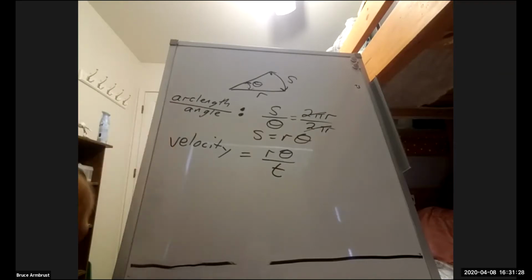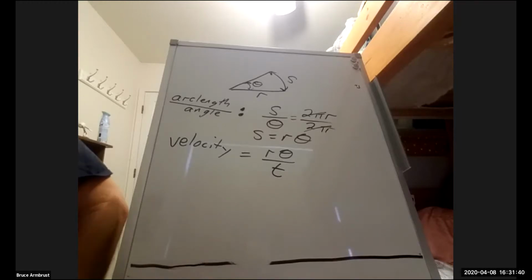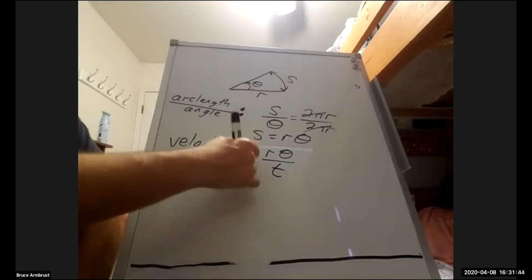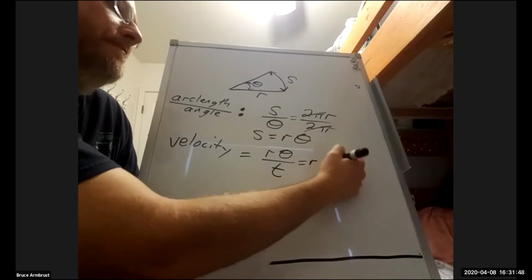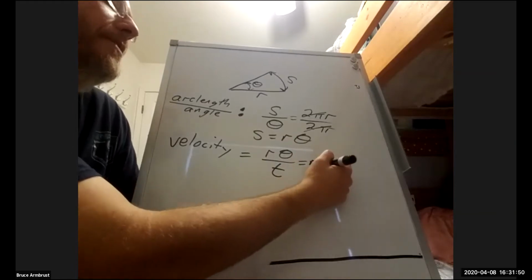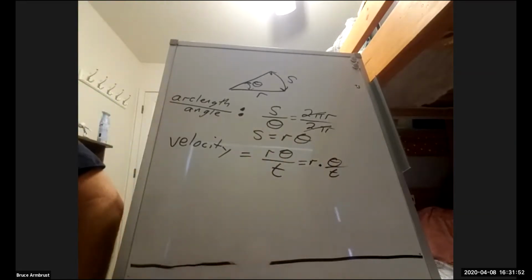What I am assuming here is that I've got a constant velocity. If it weren't constant, of course, I would differentiate, and we'll get there in a second. So in the case of constant velocity, we get R theta over T, but I want to rewrite that as R times theta over T.